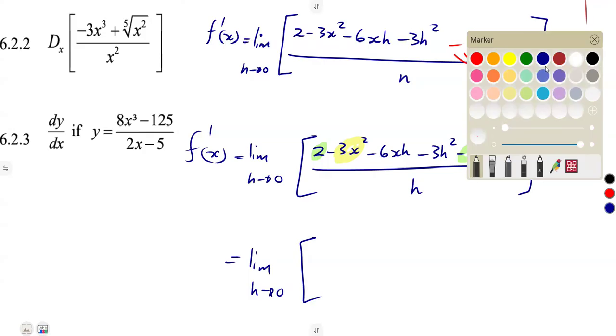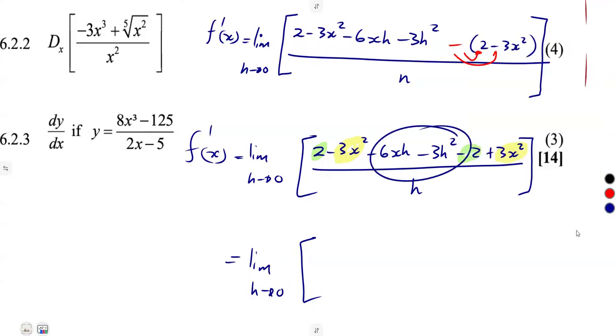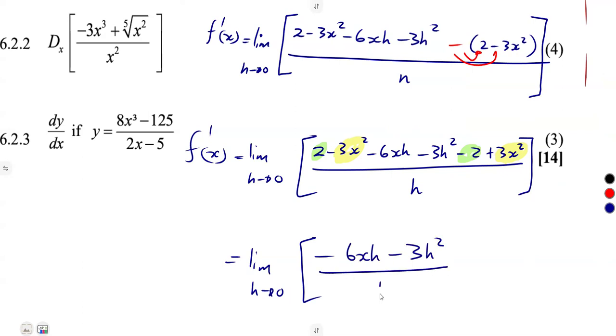Minus 3 plus 3, that's a 0. So you are left with these two terms, minus 6xh minus 3h squared, everything over h. All right, so this is what you have. And you must get rid of h in the denominator by separating the terms or by factorizing. All right, we can separate the terms.